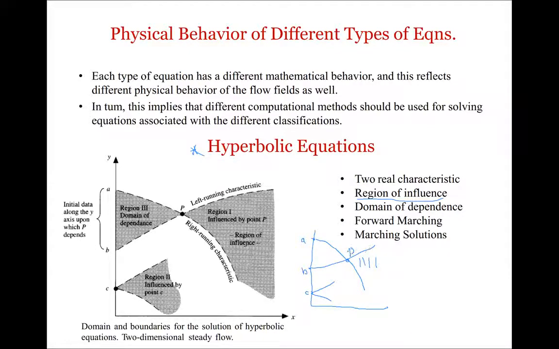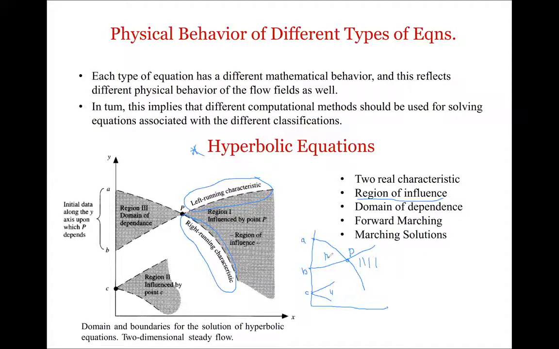This line is the left running characteristics, and this line is the right running characteristics. And this region 1 is known as the region of influence. Now region 2 is influenced by point C. This region 3 is the domain of dependence.